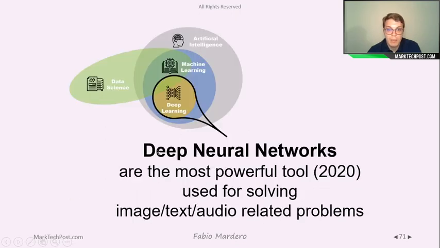But there are particular machine learning models, the deep neural networks, that are very powerful, but require a lot of parameters. For example, deep neural networks are the most powerful tool when we want to solve image, text, audio related problems.